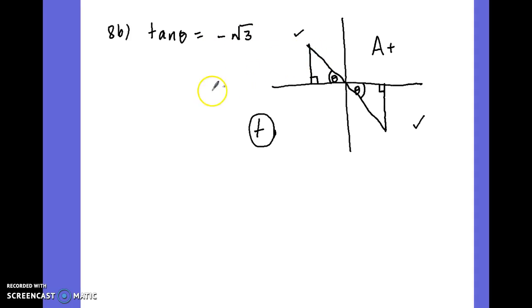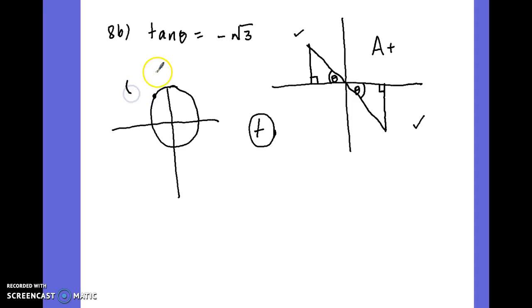Well, on your unit circle, you have a place where your cosine is negative 1/2 and your sine is negative root 3 over 2.